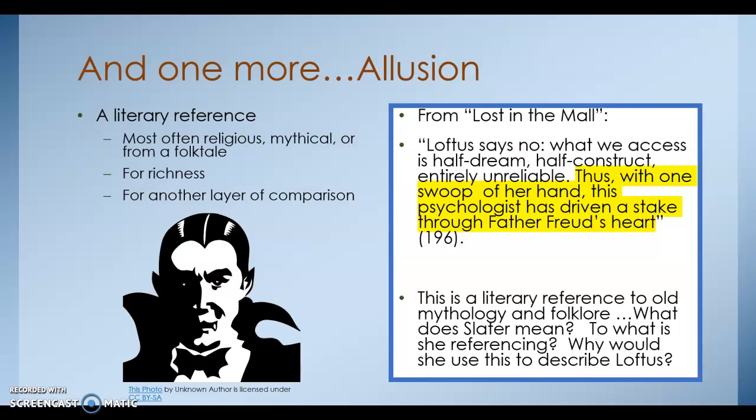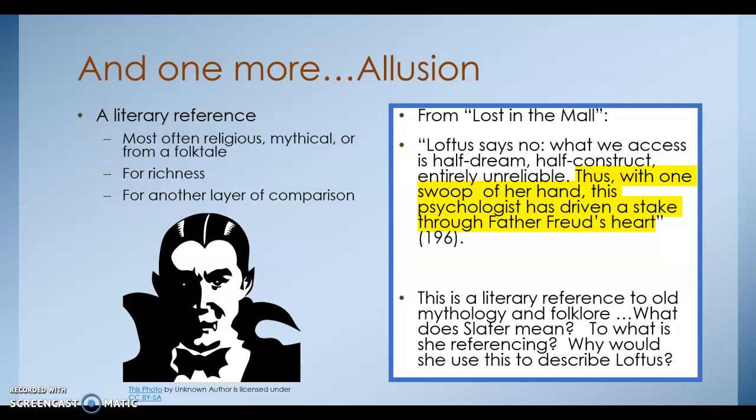And so that's interesting because does that mean that she's then comparing Loftus to a vampire hunter? And does that make Freud a vampire? That's very strange. And so here that's an allusion to that, as if Loftus is a vampire hunter and she's killed Freud.